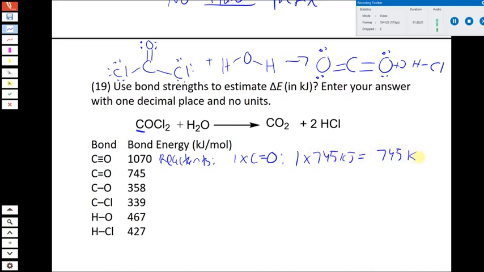We're going to add up all of the bonds, though. So then we have also 2 carbon-chlorine single bonds, CCl single bonds, 2 of them because there's 2 chlorines in that molecule. That bond energy is given as 339. We have to double it, though, because there's 2 of them.